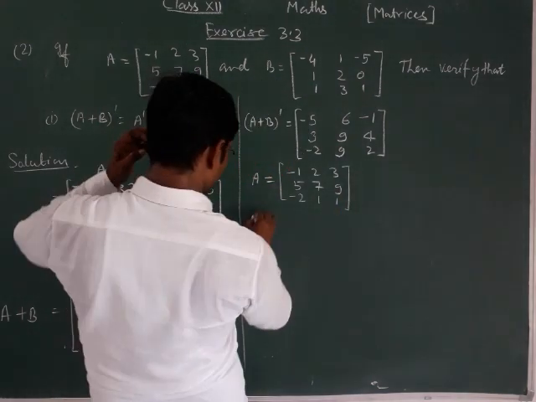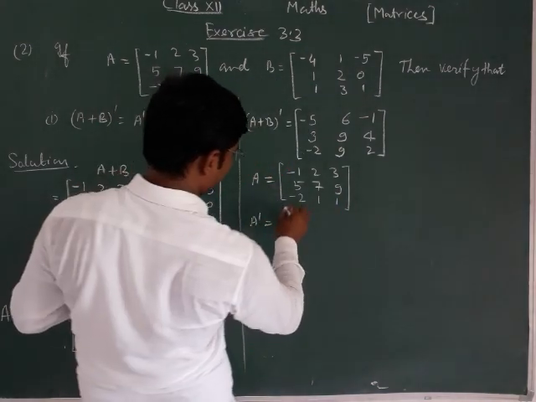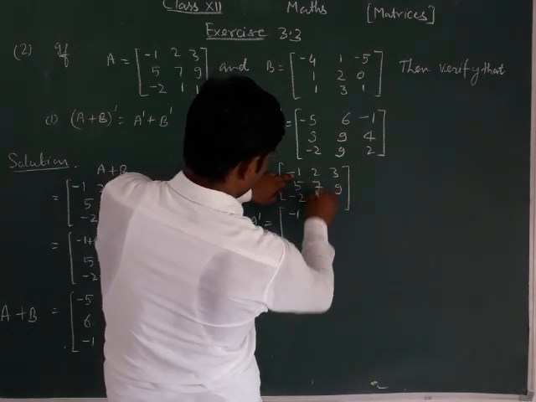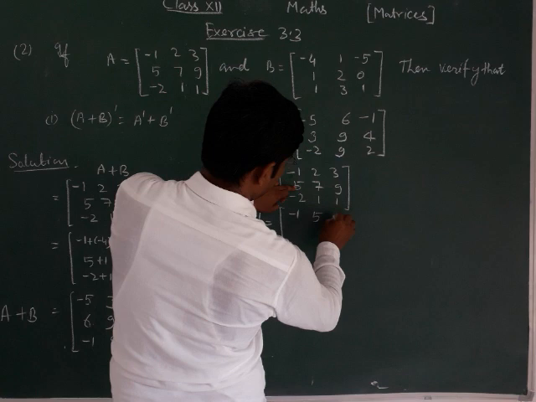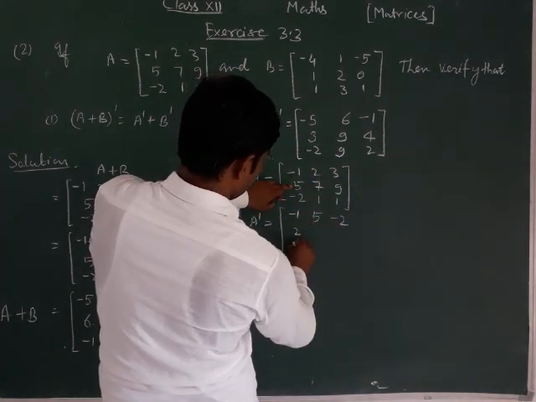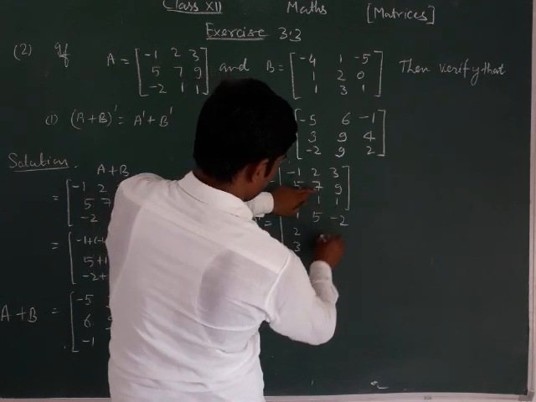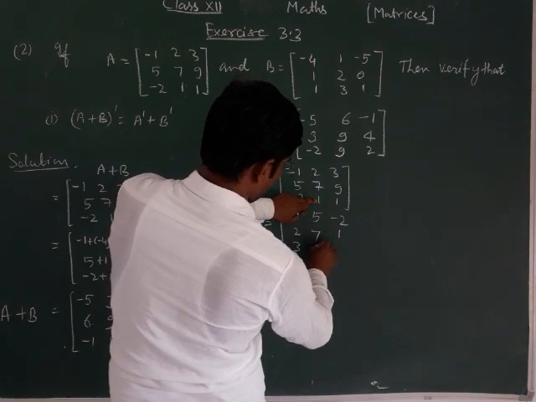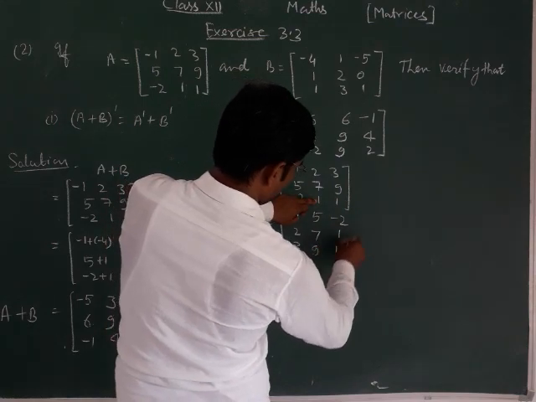So now A dash is equal to, so minus 1, change row to column. So 5, minus 2, and so 2, this is 3, and so 7, this is replace 1 and replace 9 and 1.